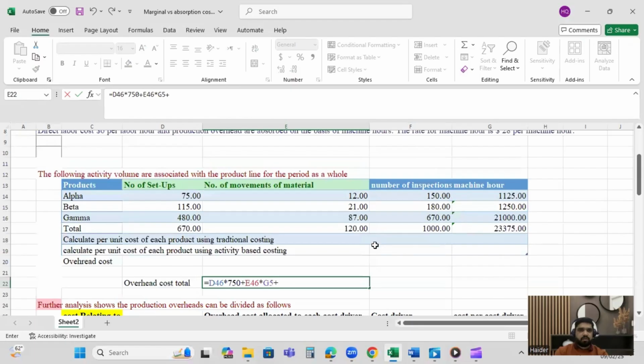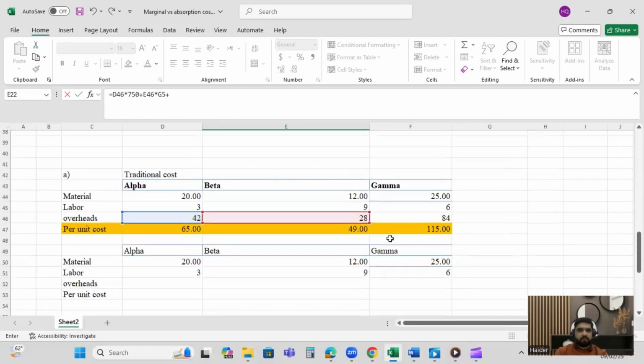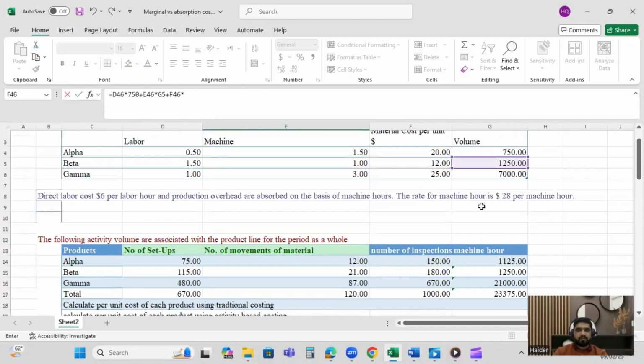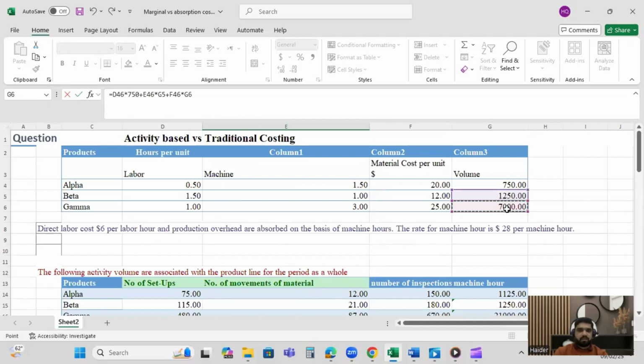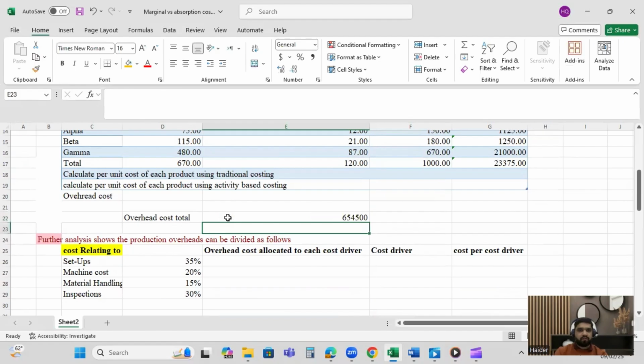Then you can see my formula bar. Per unit cost of overhead for gamma 84 times how many units? 7,000. And then you can see my formula bar is complete. So it will be calculating the total overhead costs. We have just calculated the total overhead cost.